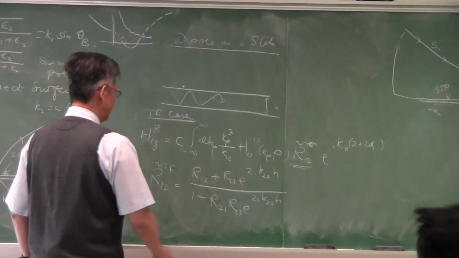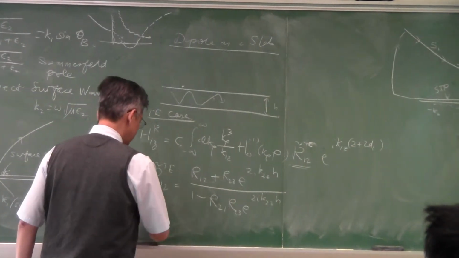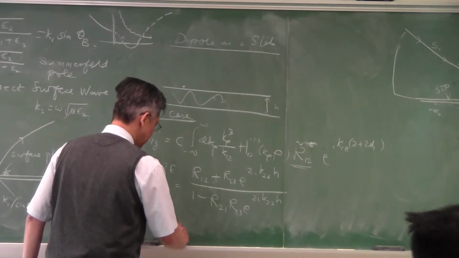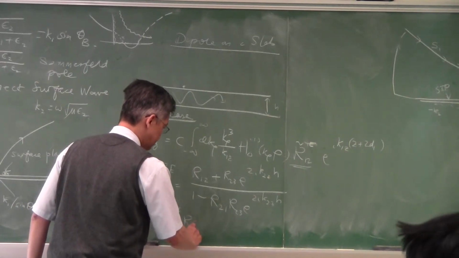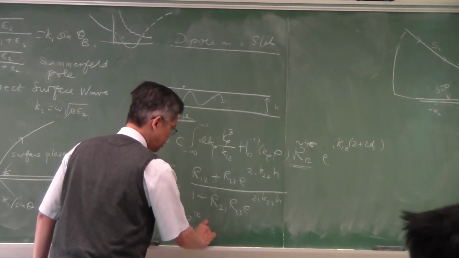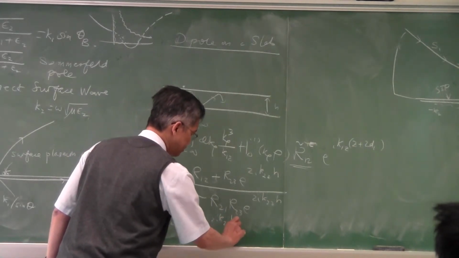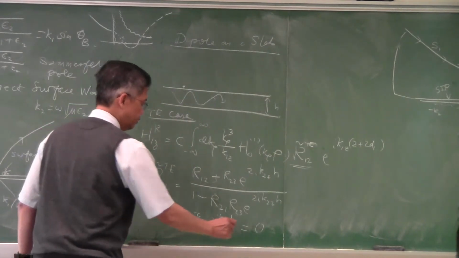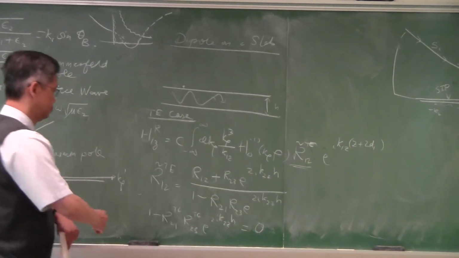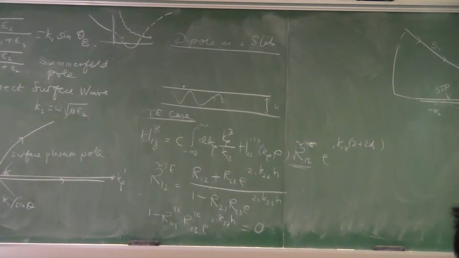Well, I find the pole location by solving this equation: 1 minus R21 TE R23 TE e to the 2i k2z h equal to 0. And those are the locations where the reflection coefficient will become infinite.